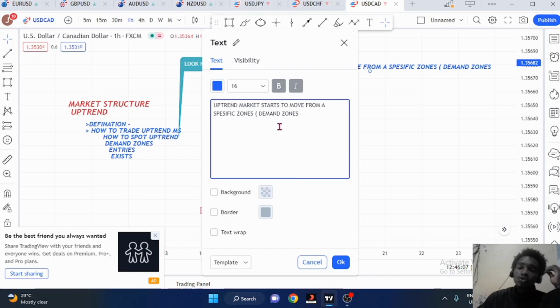A supply or demand zone is a specific zone. So the market starts moving towards its direction from specific zones, and for the uptrend market, those zones are called demand zones. So for a demand zone, we shall be looking for buy opportunities.